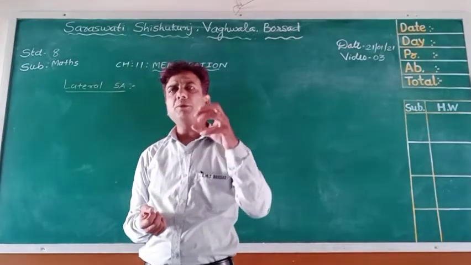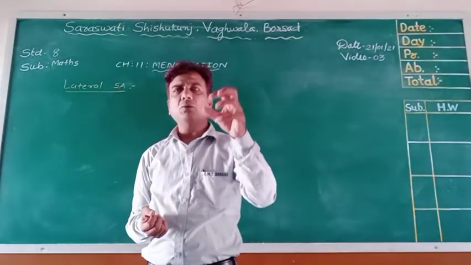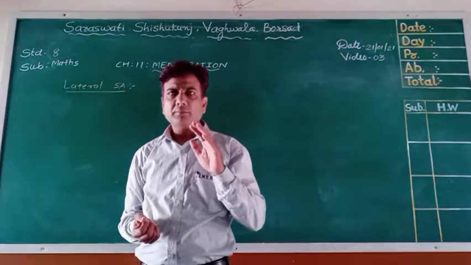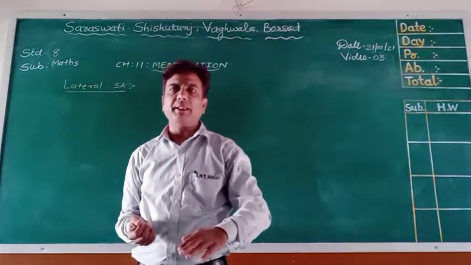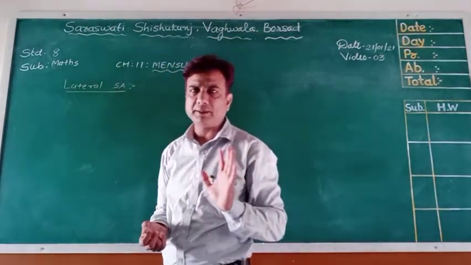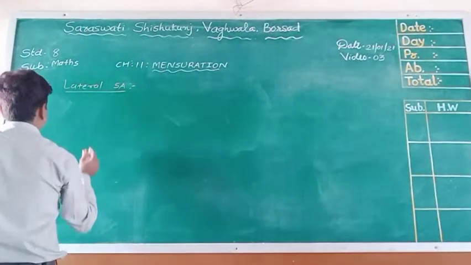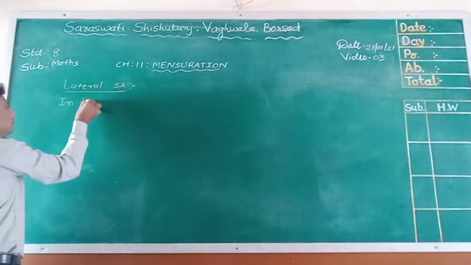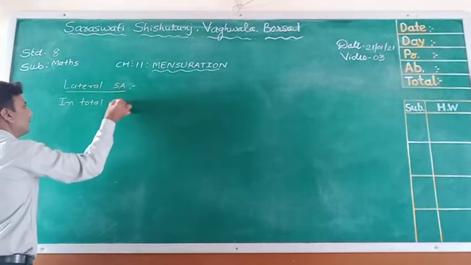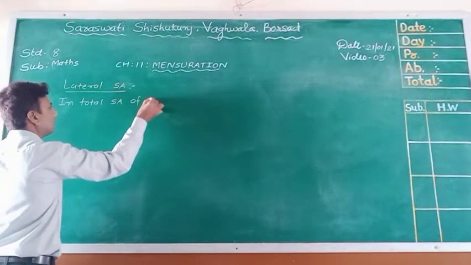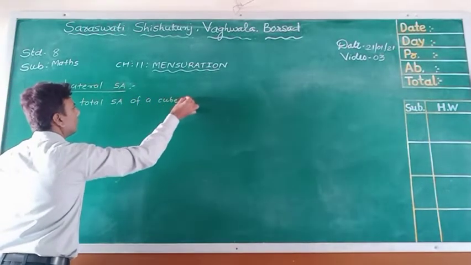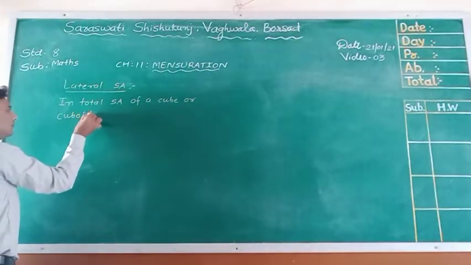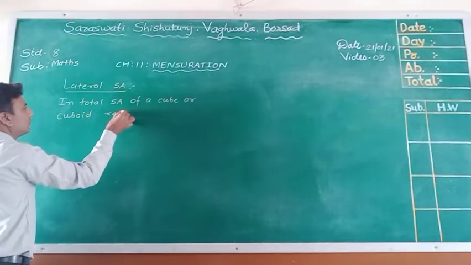So simply, keep in your mind: in the total surface area of a cube or cuboid, remove its top and bottom area, and we get the lateral surface area. Is it clear, beta?